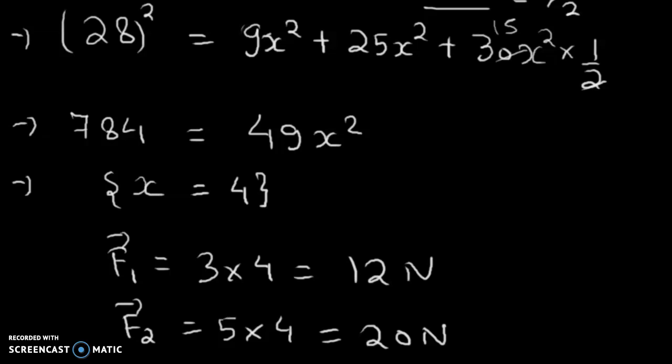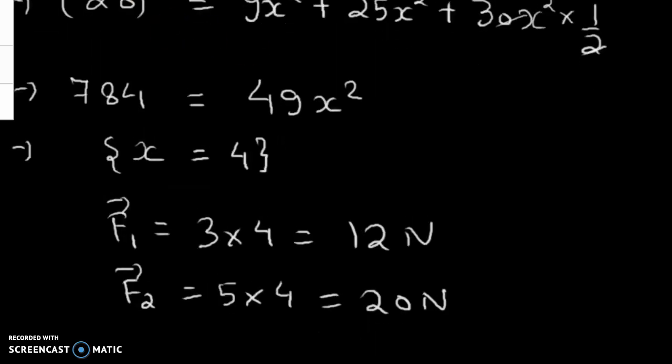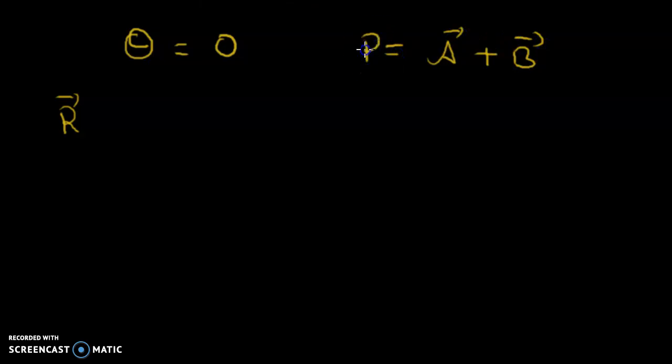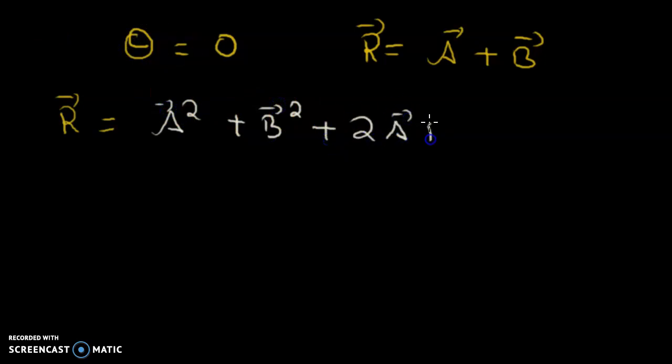Okay, so now let's talk something more about these things, special cases. What would be the case if theta is 0? If I need to add two vectors and the angle between them is theta, which is 0, then r square is a square plus b square plus 2ab cos 0 degrees.